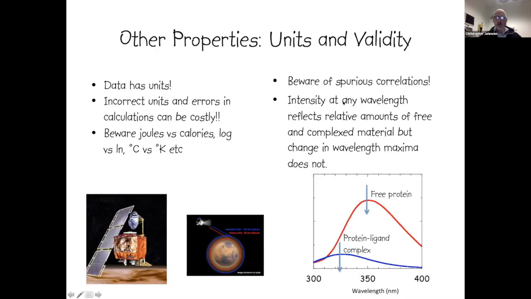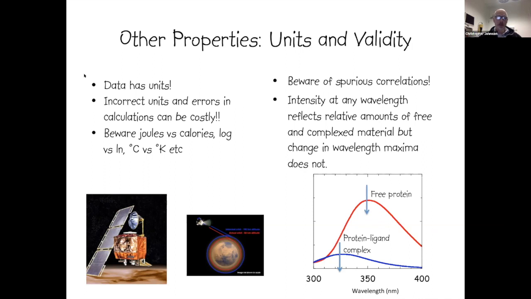So the other properties of data and measurement are that they have units and validity. Obviously, all data has units, even if it's an arbitrary unit, such as volts, a signal on a detector. This can be related to other measurements and measurements on other occasions, providing the instrument is set up in the same way.